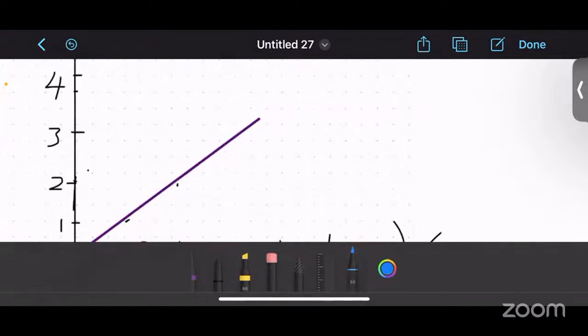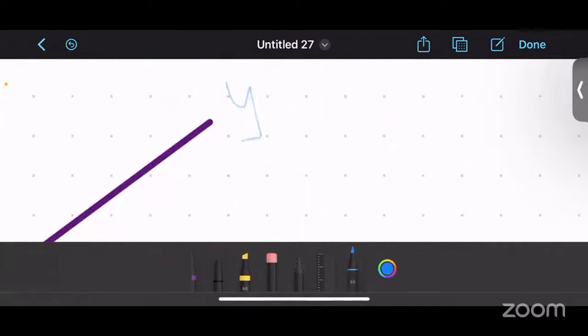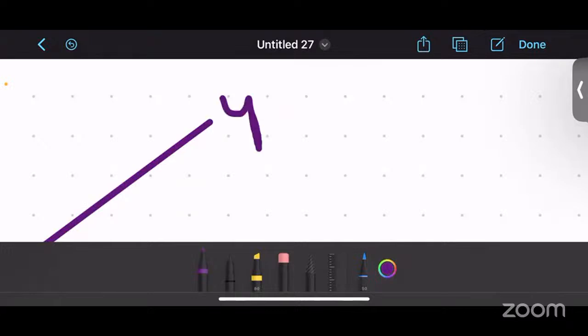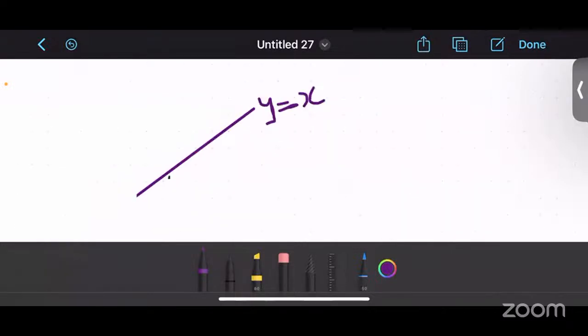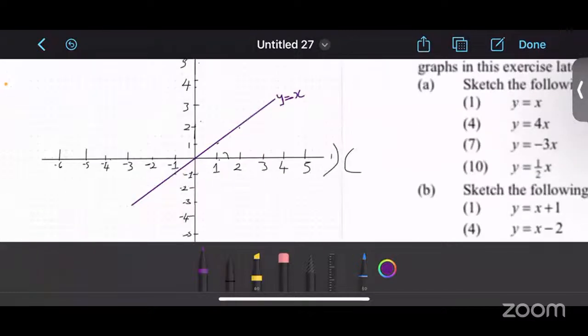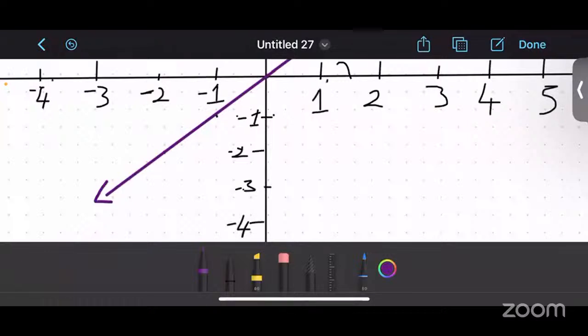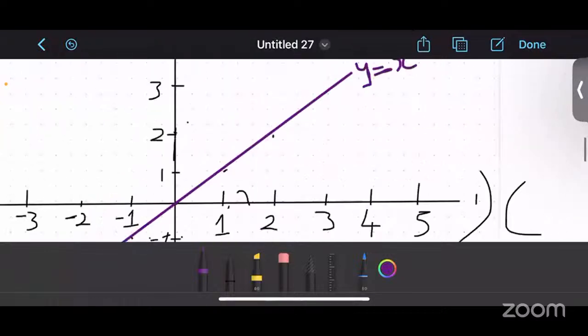This is going to be my y. Why am I using this? y is equal to x. And this is how you get yourself a first mark for sketching this graph. So you can put this arrow here to show that it continues and continues, right?